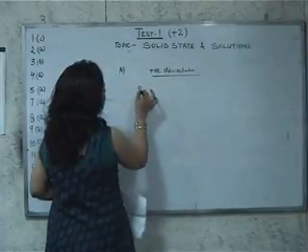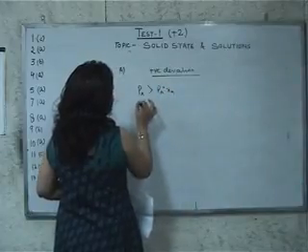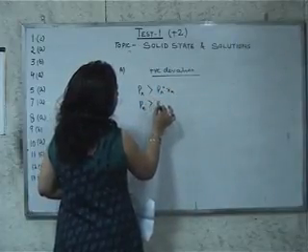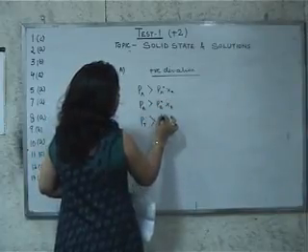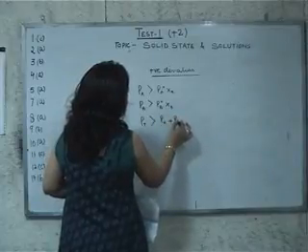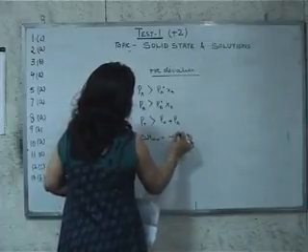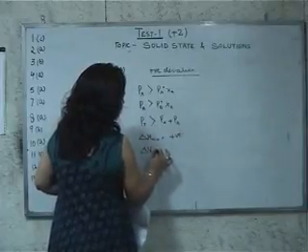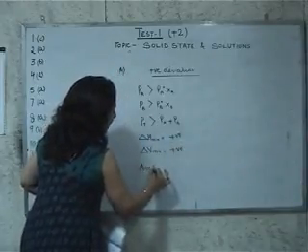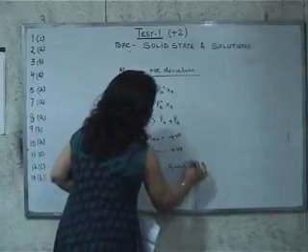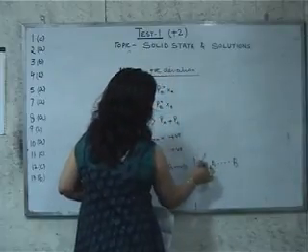Positive deviation means PA is greater than PA naught XA, PB is greater than PB naught XB, P total is greater than PA plus PB, delta H mixing is going to be positive, delta V mixing is again positive, and the forces between A and A, and B and B, are stronger initially, and after mixing A and B there are weak forces.